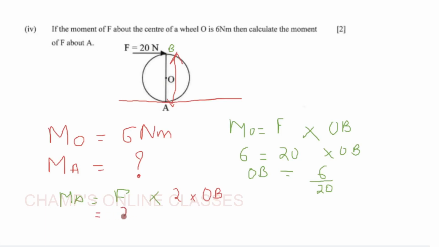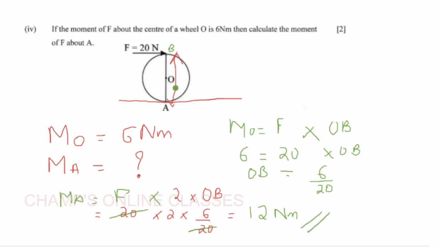Now force 20, again the same. 2 times OB. OB we just calculated 6 by 20. 20 gets cancelled. 6 2s are 12. So 12 Newton meter is the answer.